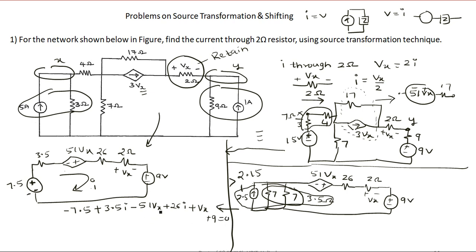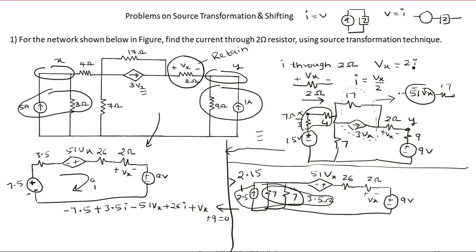So from the circuit we can observe what is Vx. See, there are two unknown parameters, I and Vx. So if you want to find current through 2 ohm resistor, you need to find what now? Vx. But what is Vx?